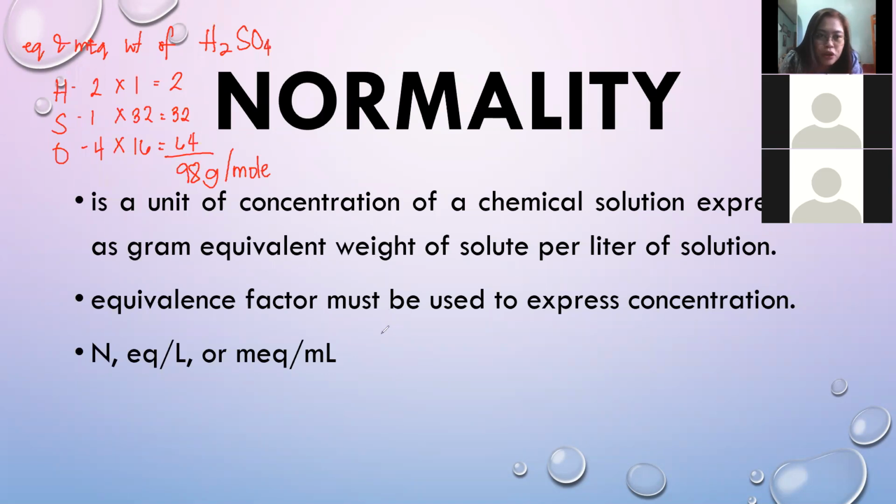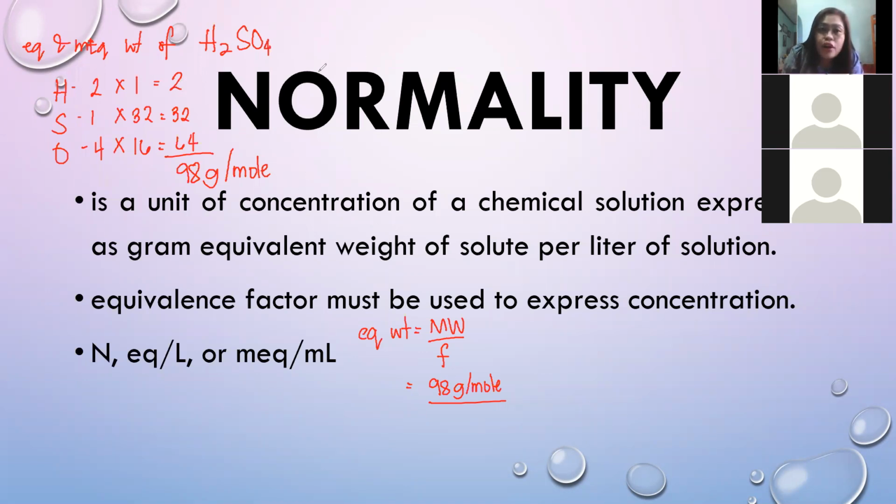Now, let's compute for the equivalent weight first. Molecular weight divided by the F. The molecular weight na na-compute nato is 98 grams per mole. And then the F, take note that this is an acid, sulfuric acid. So di ba sa acid, you are going to count the number of hydrogen. So pila ka buok ang hydrogen didto?